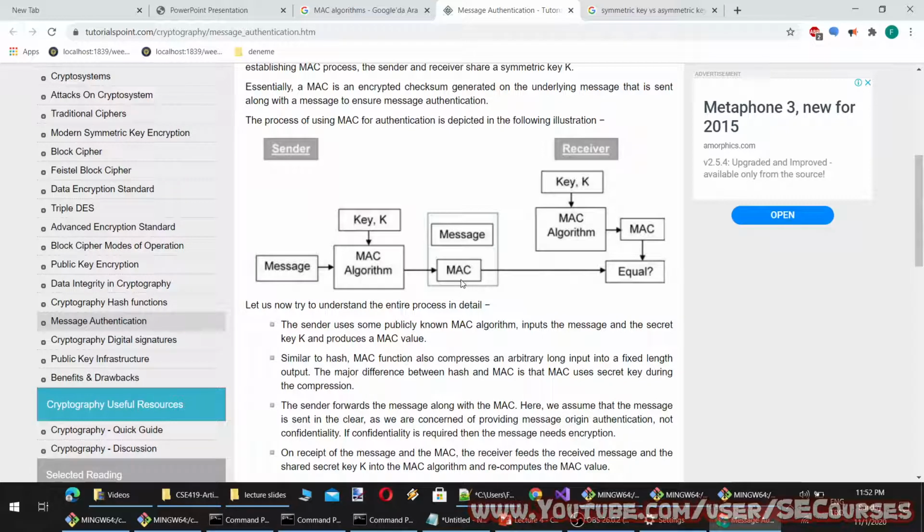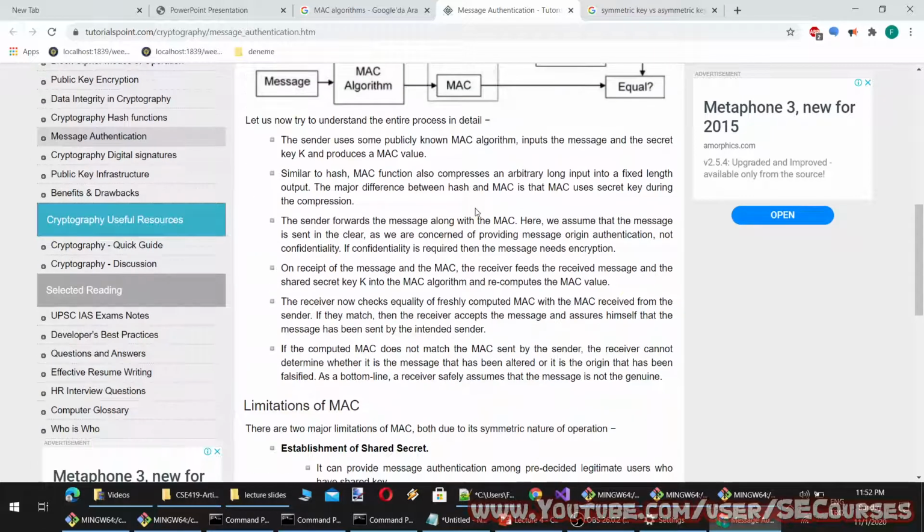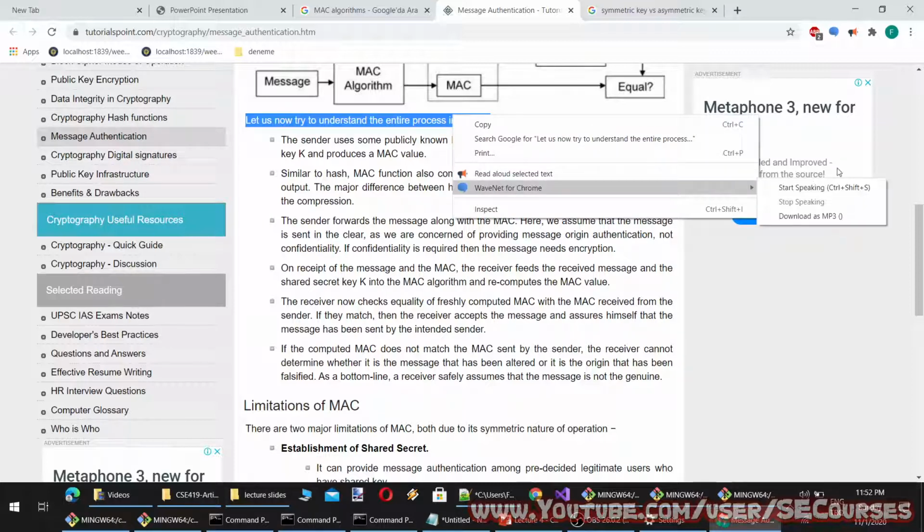If the MACs are equal, the receiver knows that the message was not forged and the sender of the message is authentic.